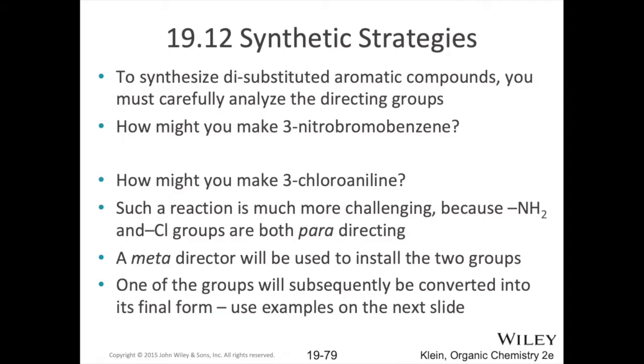You first put on a nitro group, and then you reduce that into an amine. That is the trick to doing this one. Remember, your nitro group is meta-directing. So what you actually do is you first put on your nitro group, then you add your chlorine at the meta position, and then you reduce that nitro group into an amine, and turn it into an aniline.